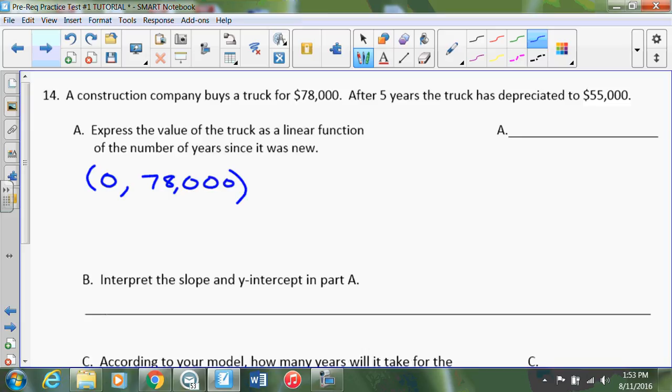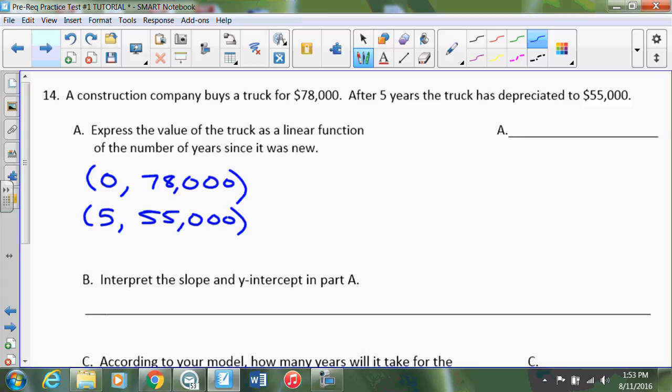So that's going to be one of my points. The other point is at 5 years, when the truck was only worth $55,000. As soon as I can take what's given to me in words into math, then I know what to do with it, because now I have 2 points.